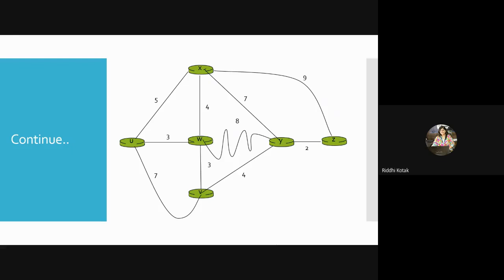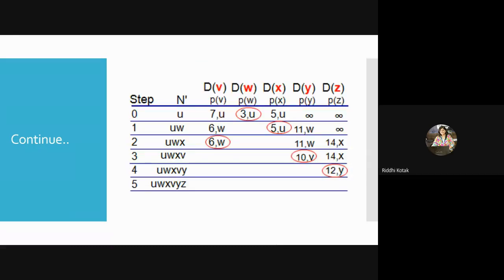You have another path, that is U to V and V to Y, but that does not pass through W. So we will select the path which passes through W. That is the reason it is written 11 comma W. And we can observe that Z is not directly connected with W, so you have to put infinity there. So complete step number 1.